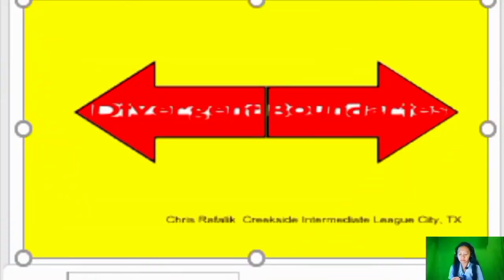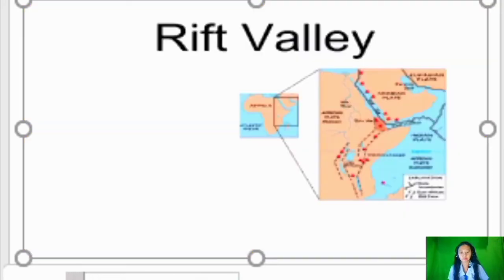In today's video, we're going to talk about divergent boundaries. There are three types of boundaries when we talk about plate tectonics: divergent, convergent, and transform. So obviously, when we're talking about divergent boundaries, as you can see here, we're talking about things that are moving apart. The first type of divergent boundary that we're going to talk about is a rift valley.